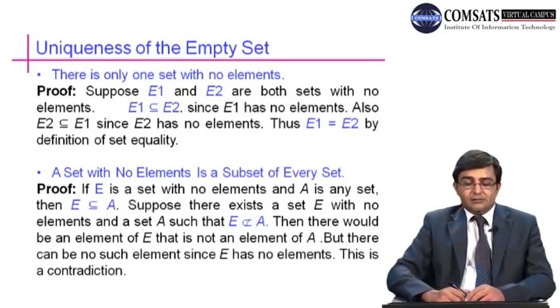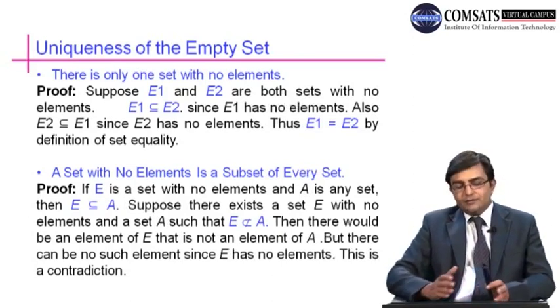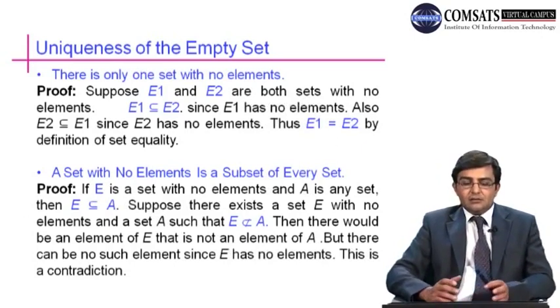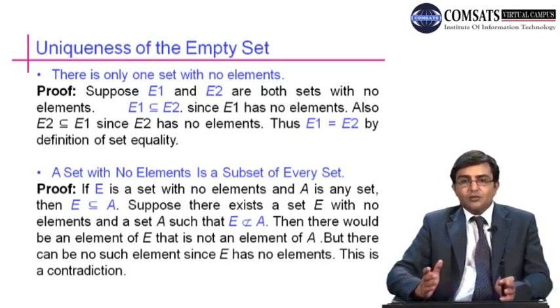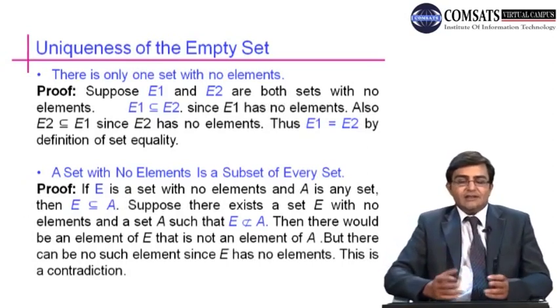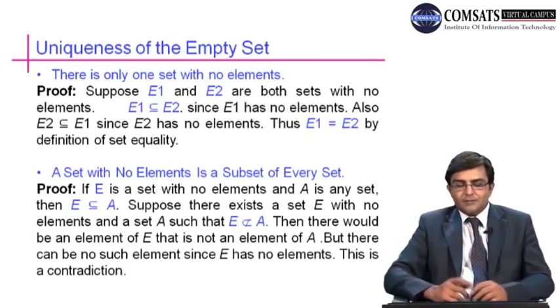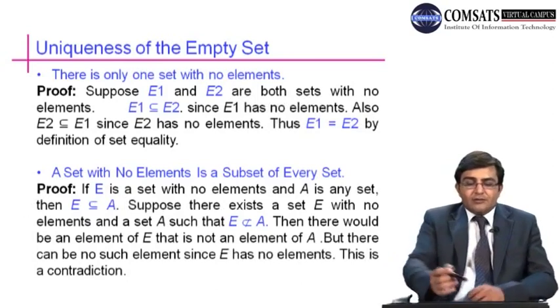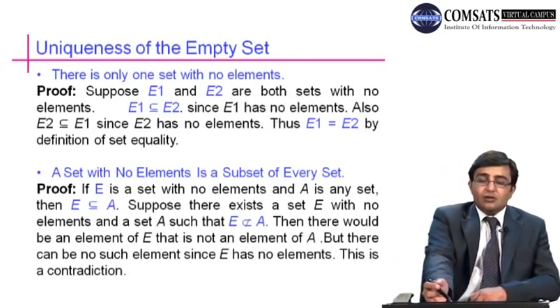We always prove uniqueness like this: if we have to prove anything is unique, then we suppose that it is not unique, that there exist two such things.